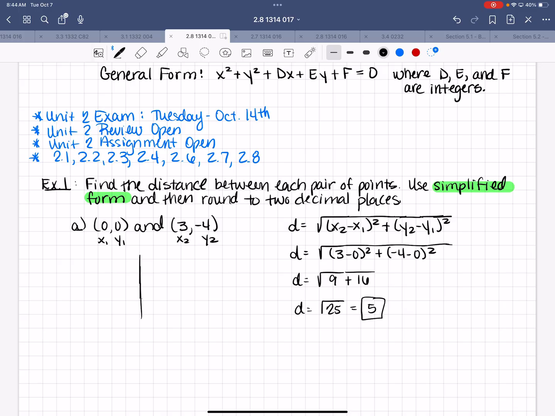Okay? Guys, where that comes from and how I told you that's like the Pythagorean theorem. All it is is the Pythagorean theorem. If I were to plot those points, I've got 0, 0, and I have the point 3, -4.